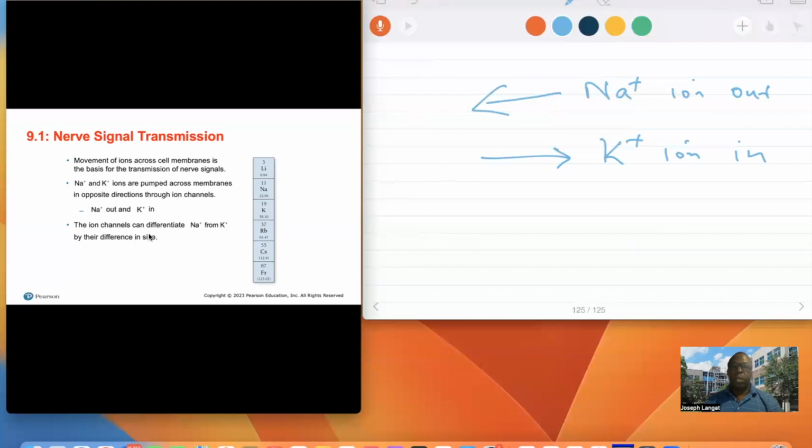The movement of these ions is selective in such a way that both ions do not move in the same direction. From this illustration, sodium gets into the cell across the cell membrane, and potassium gets out.